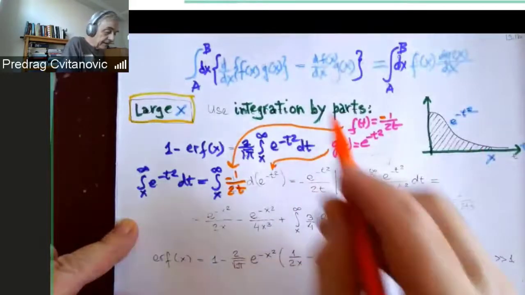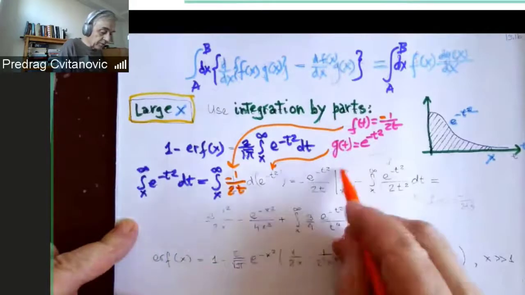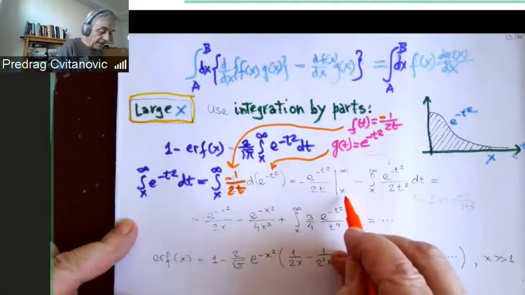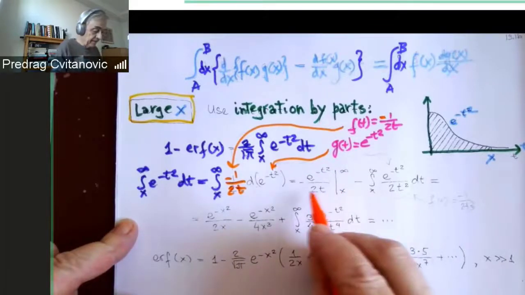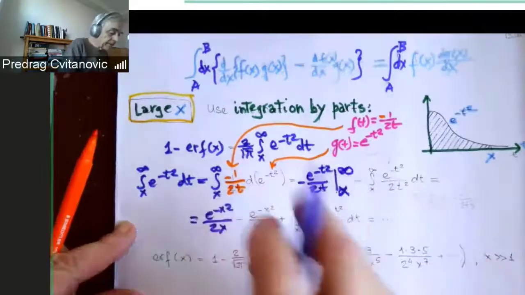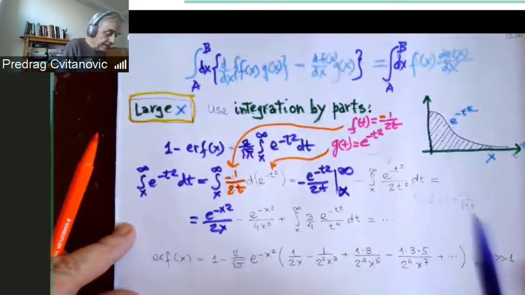I can write it as a product evaluated at two ends. So this goes to infinity exponentially to 0, minus evaluated at x. That's the term here. So this is this part of the integration by parts trick.